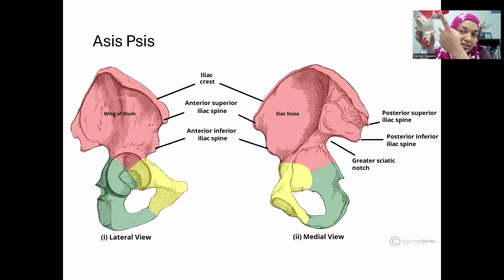Above the ischial spine is the greater sciatic notch, and below the ischial spine is the lesser sciatic notch. And this tuberosity here, which has these three feather-like markings, is called the ischial tuberosity. The ischial tuberosity participates in the origin of the hamstrings muscles, namely the semimembranosus, semitendinosus, biceps femoris, and also a little part of the adductor magnus.